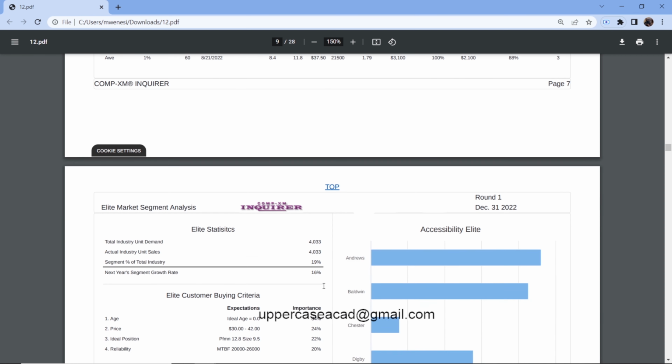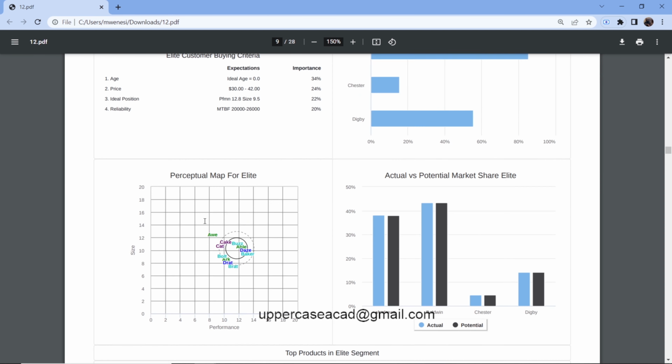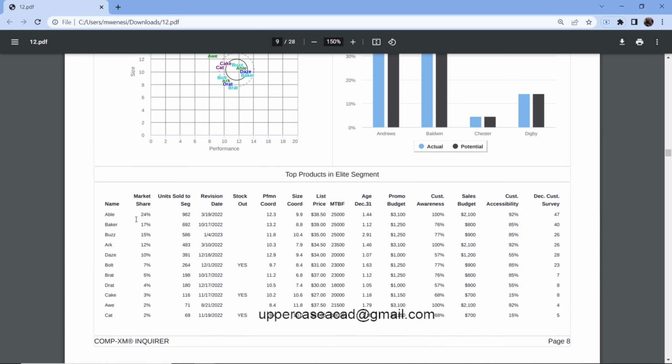With the Elite market, they had a market share of 24%, which was not bad. They sold 982 units. Again, in terms of promo and budget, you can see they had this huge spending. Others are investing 1,250. They are investing even not twice, it's twice with some value up, because they are selling 3,000 here again, which is not good.